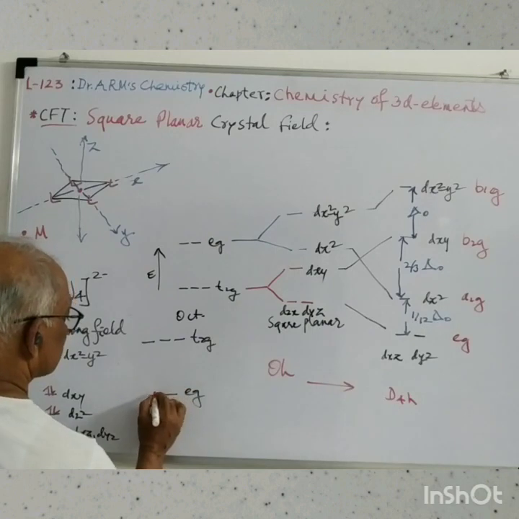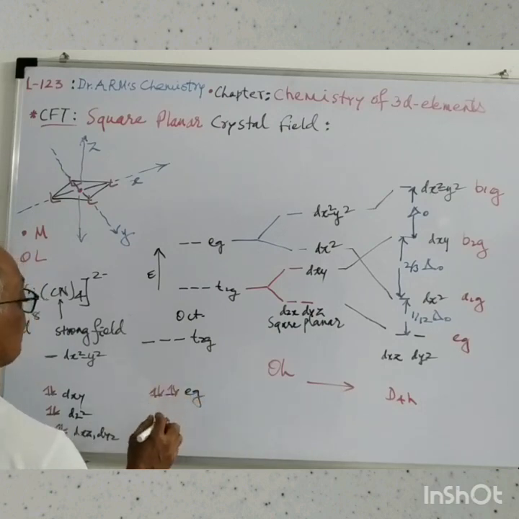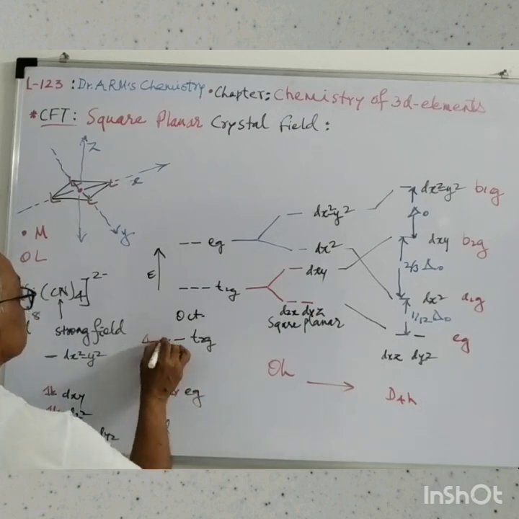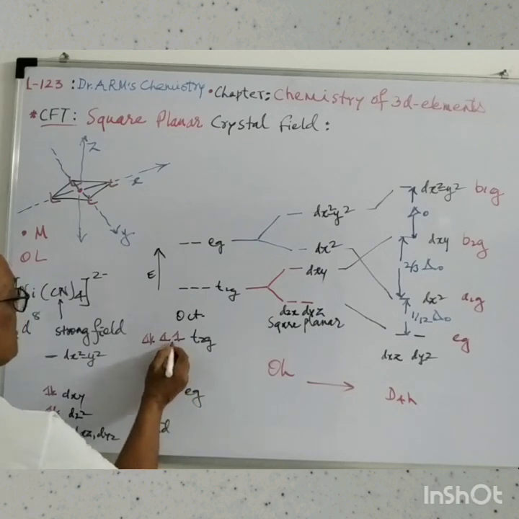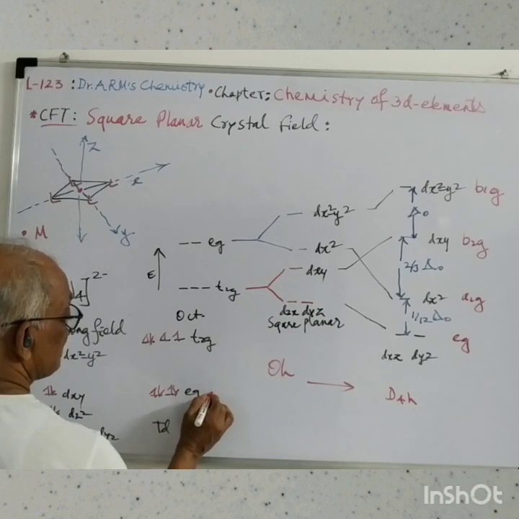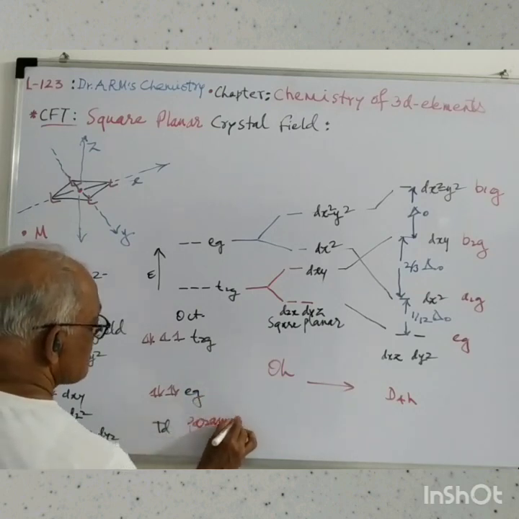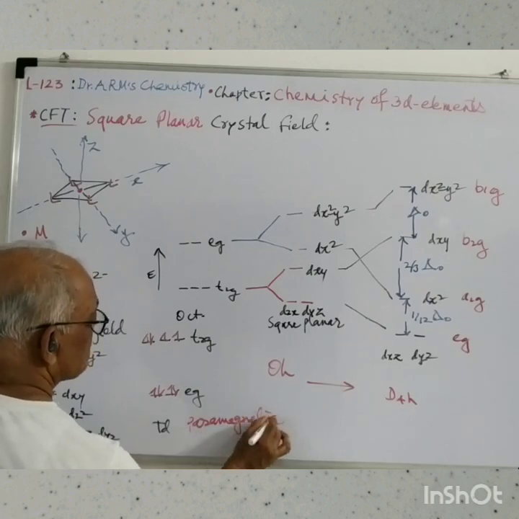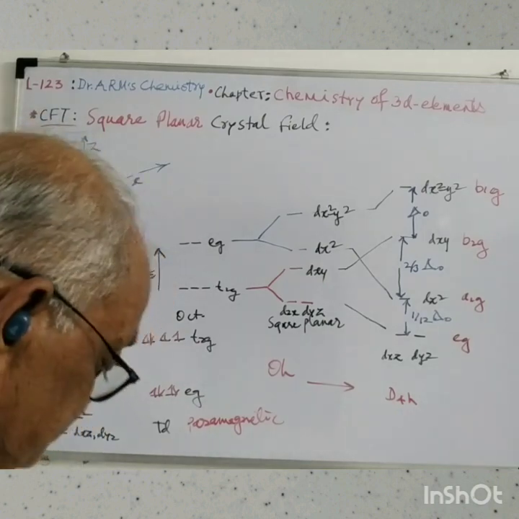The 8 electrons are distributed in this way, so 4 plus these 4. Out of them, 2 electrons are unpaired, so this complex is paramagnetic, because 2 electrons are unpaired.